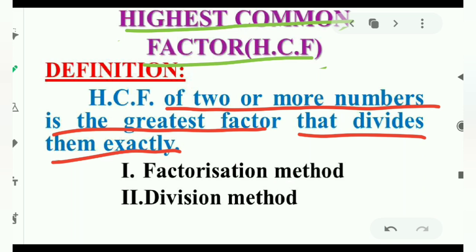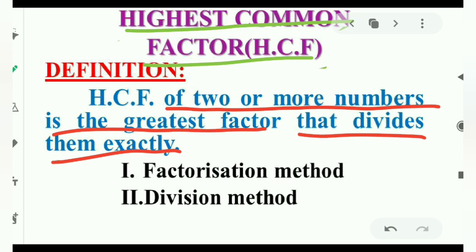So we are about to find some number that is going to divide all the given numbers exactly. In other terms, we are going to find a number that is going to be a factor of all the given numbers.